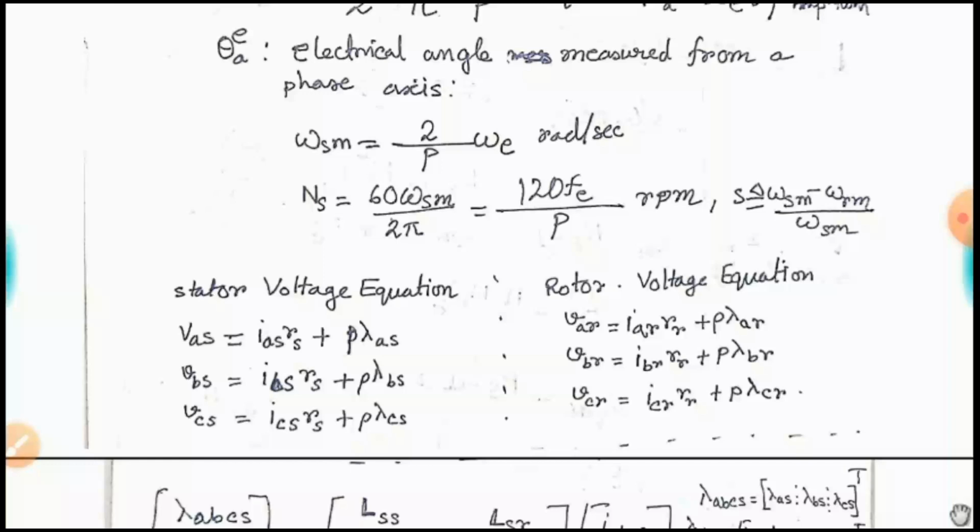That is a very big advantage offered by the slip ring induction motor, although it is not rugged and not very compact. In the case of the squirrel cage induction motor, the main advantage is that it is very rugged. No electrical contact takes place inside it, and therefore no electrical flashing takes place. Another advantage is that the squirrel cage induction motor is very robust, rugged, and very compact. On the contrary, the slip ring induction motor design is not that rugged.